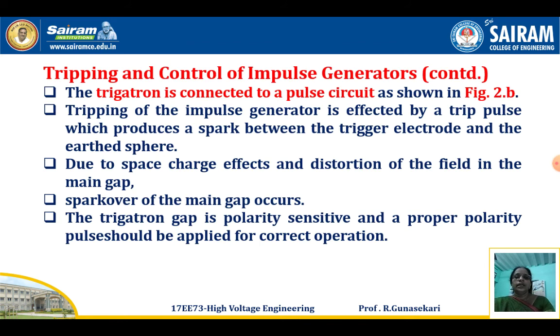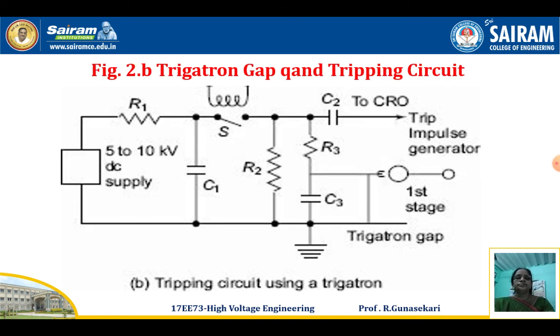Then the trigatron is connected to a pulse circuit, which is shown in the figure. This is the trip circuit. The input is a 5 to 10 kV DC supply, then R1 resistance, then switch S, then C1, then R2, R3, C2, C3, the first stage and so on.